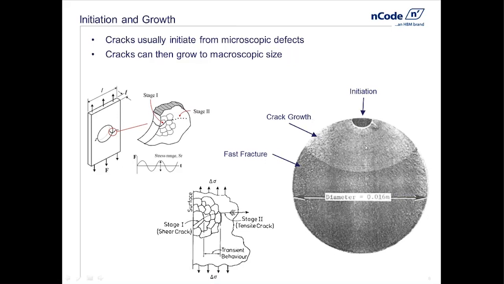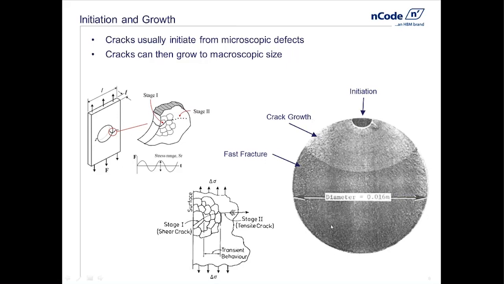This is the crack growing this way until it finally got to the point where the crack was so big that its effect on the macroscopic structure was so large that the part actually failed. So crack initiation, crack growth, and this is what we call the fast fracture surface where it finally broke.